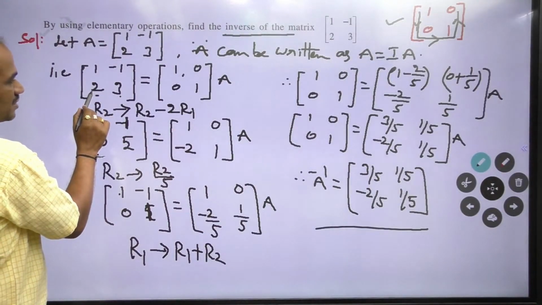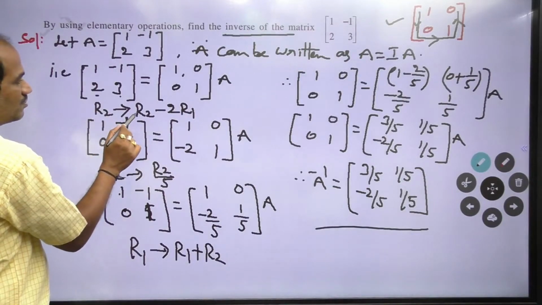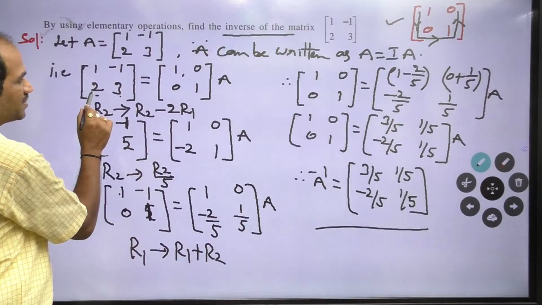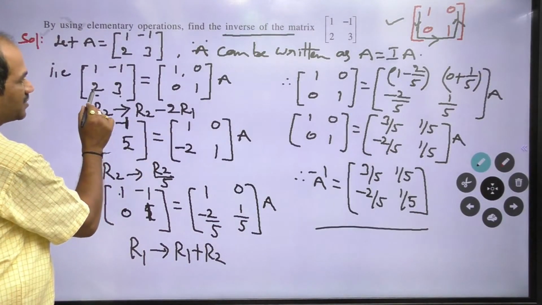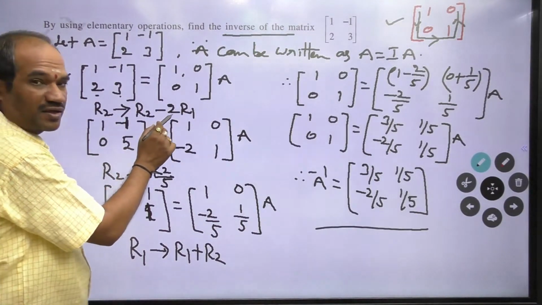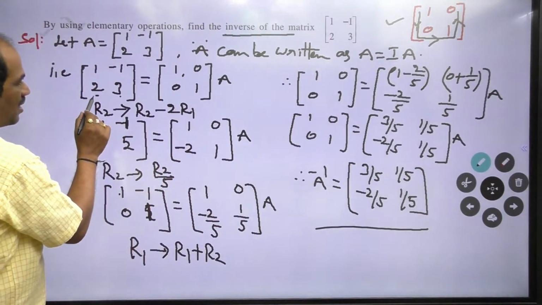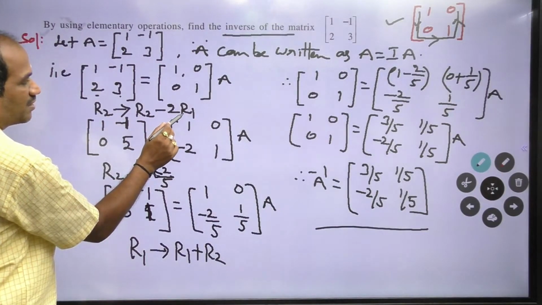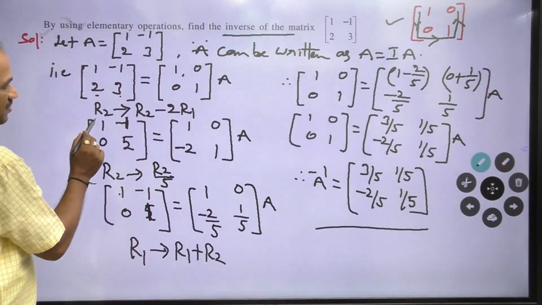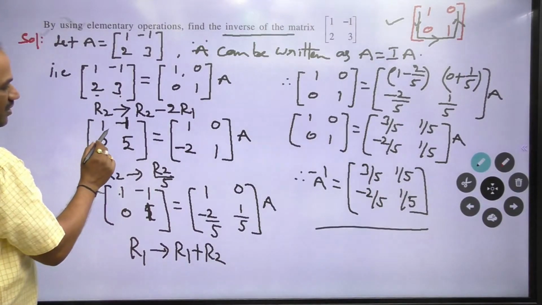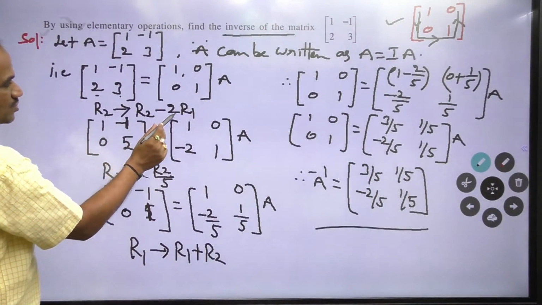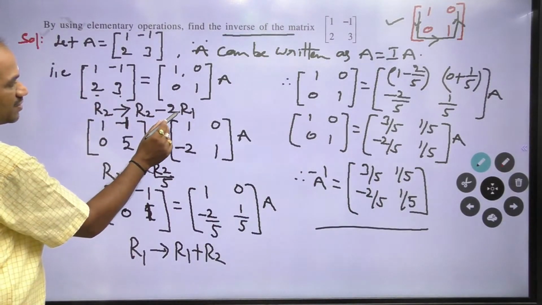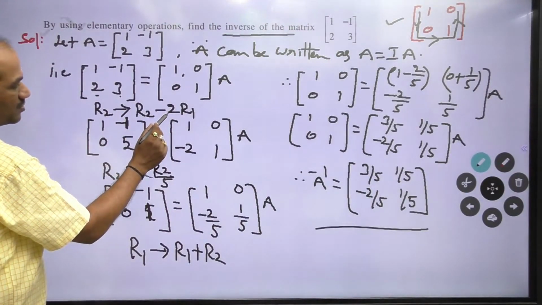Next, R2 goes to R2 minus 2 into R1. Apply this operation. R1 is no change, R1 is same. R2 changes: the R2 element is 2 minus 2 into R1 element 1, that is 0.